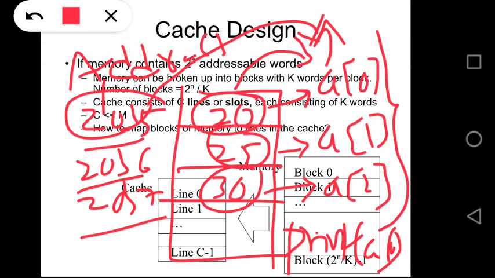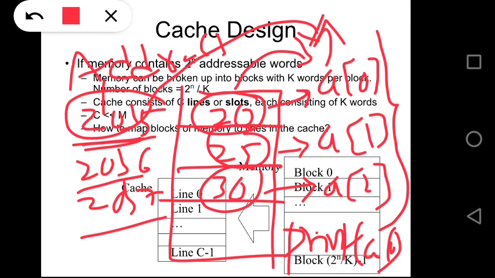When a processor issues address 2035, if the cache memory follows the spatial locality of reference, then it is a clear guess that in the near future the processor might issue addresses 2036 and 2037, because the programmer already accessed 2035.